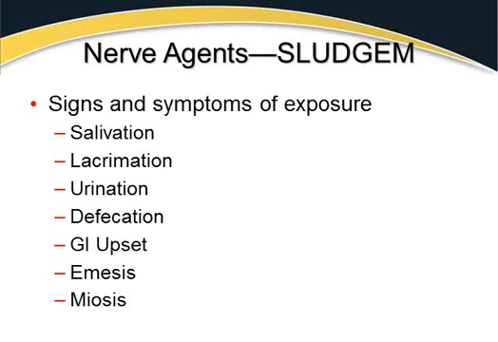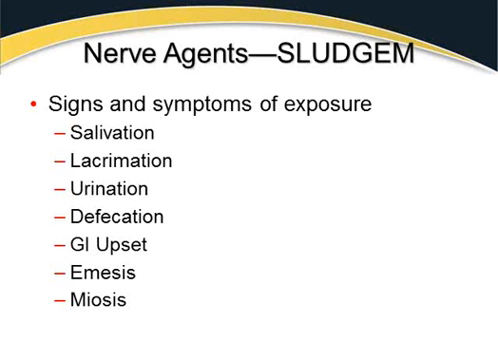You can see this on page 1078 in your textbook. Salivation, or saliva, is spit. Lacrimation, you're crying. Urination, I think that's pretty self-explanatory. Defecation, that's obviously fecal material. GI upset makes your stomach very upset and makes you nauseous. Emesis means you then vomit as a result of your GI upset.